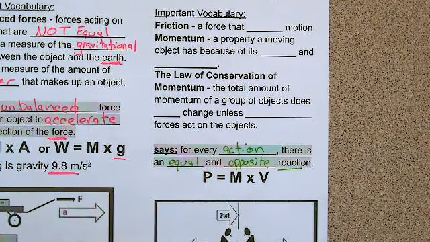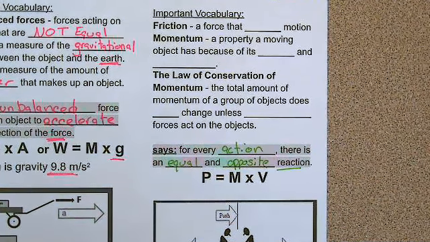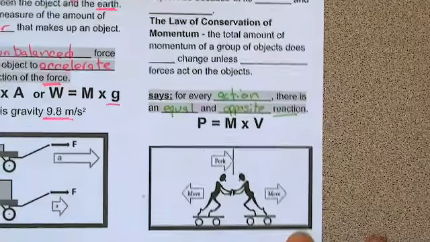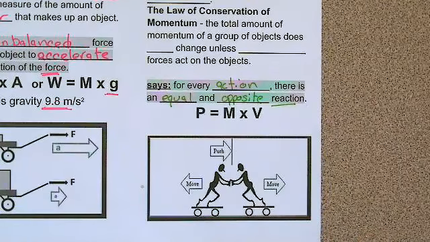When we're looking at Newton's third law, it's all about how the forces working in pairs cause a reaction to happen. If I have two kids on skateboards and they're pushing on each other, they're both going to move outward away from each other. The action is the push, the reaction is the move.